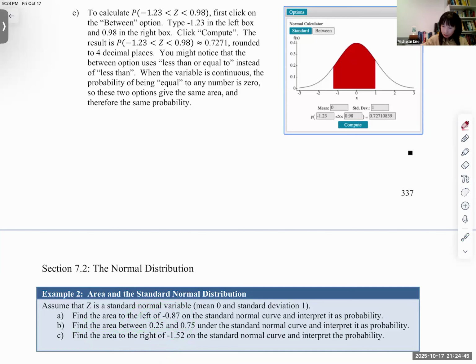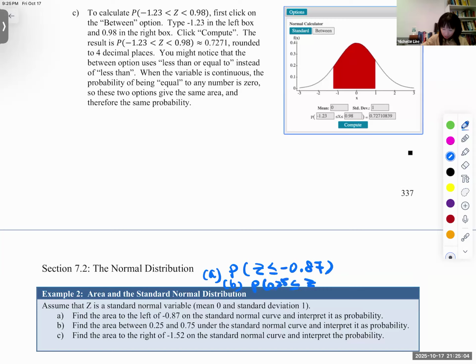So A is the probability of z-score less than or equal to negative 0.87. And second one, probability of z is between 0.25 and 0.75. And the last one, probability of z-score is to the right, so greater than or equal to negative 1.52. Yeah.